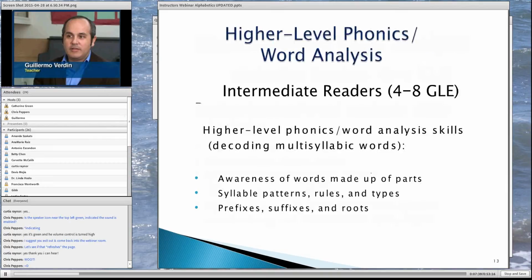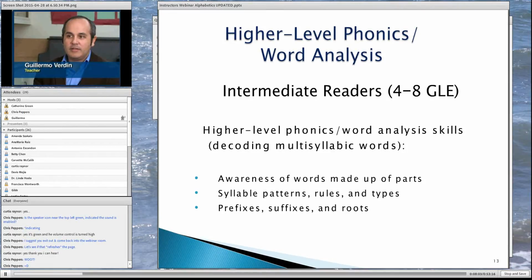Now, the higher level phonics, the higher level word analysis is geared toward the intermediate readers, and these are the readers that are at the 4th through 8th grade level equivalency. Now, the higher level phonics and word analysis skills, that involves decoding multi-syllabic words.